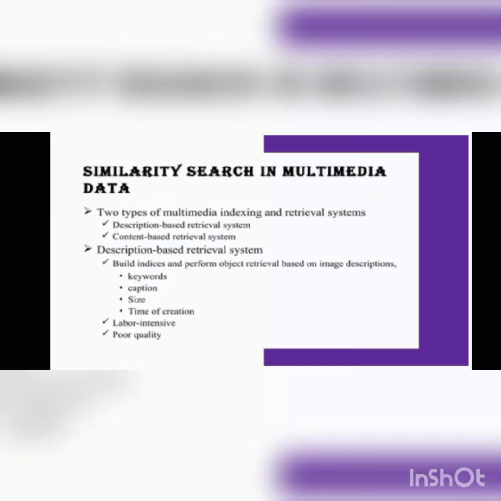Next one is the content-based retrieval system. It uses image processing techniques to extract descriptors from images, that is large grain recognition, color histogram, gray level histogram, and fine grain recognition and local descriptors.